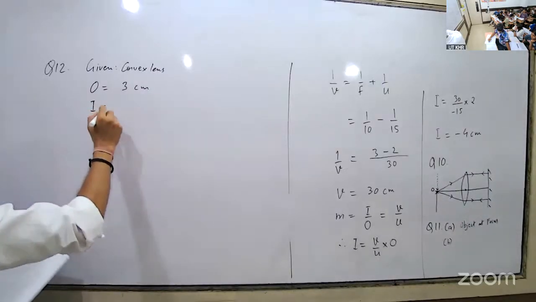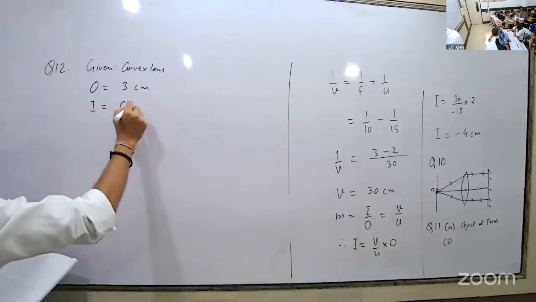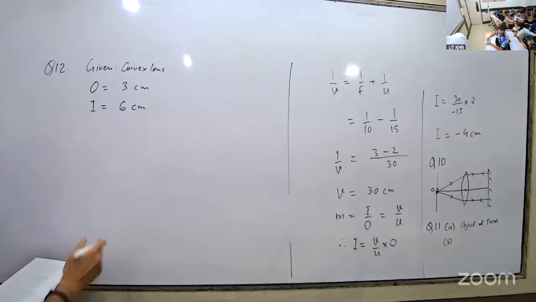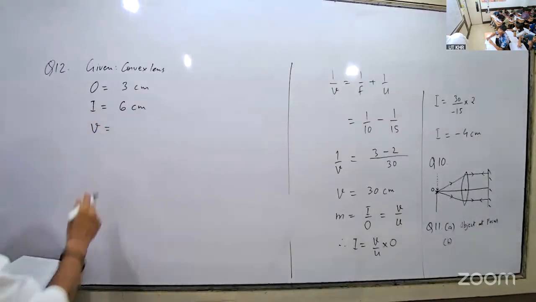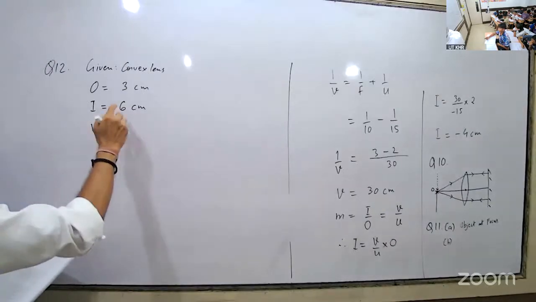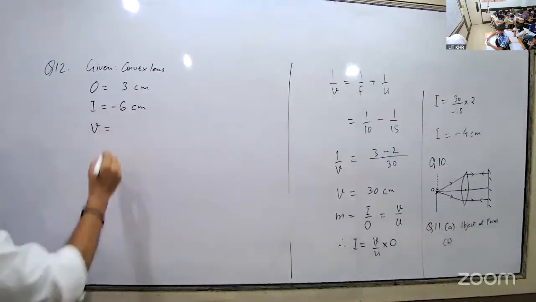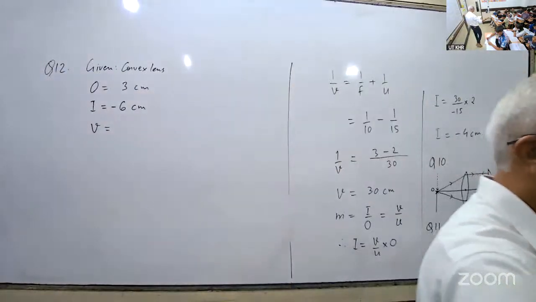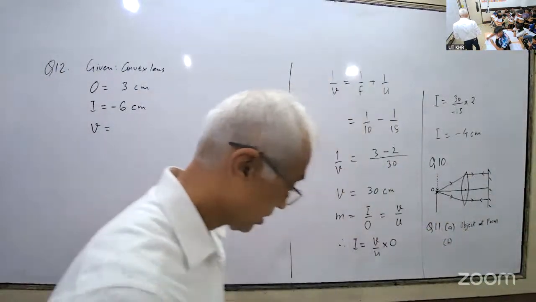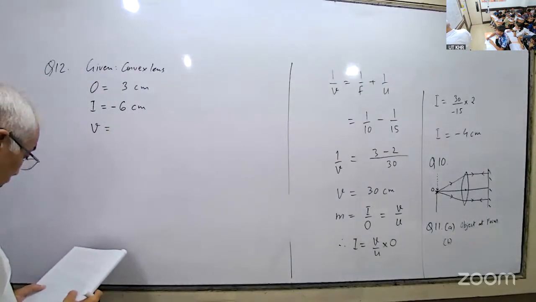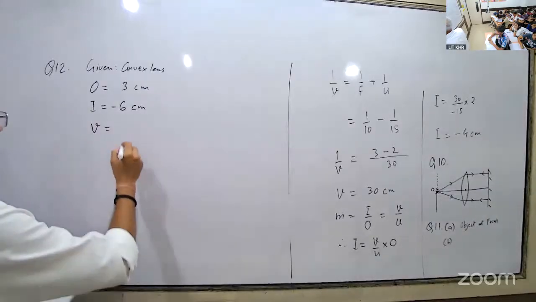Image length is how much? 6 centimeters. So image has to be minus. Image is magnified and it is inverted, right? Behind the lens. So it has to be minus. And V is equal to 20 centimeters.